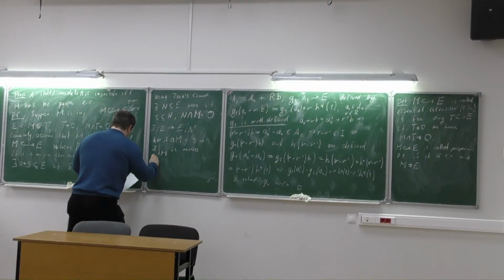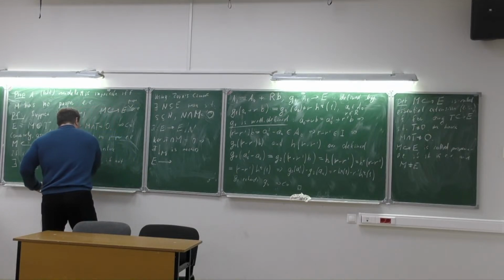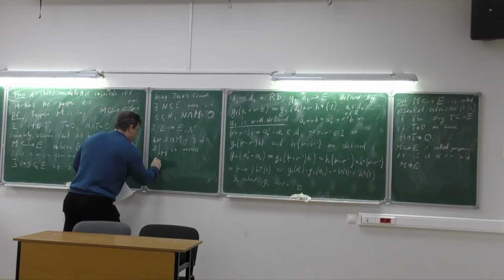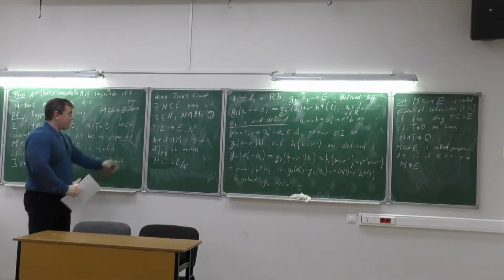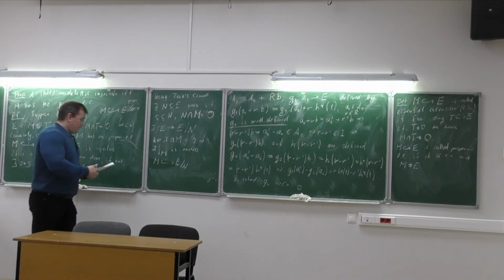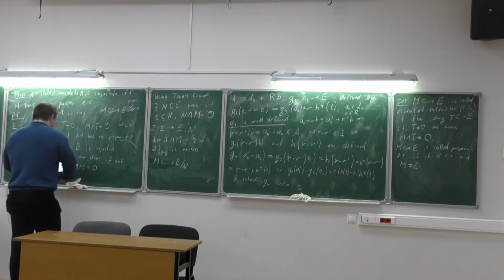So we have a map from M to E modulo N. So this is just the map pi, but I restricted this map pi on the submodule M and get again a monomorphism. Okay, now we consider two cases.